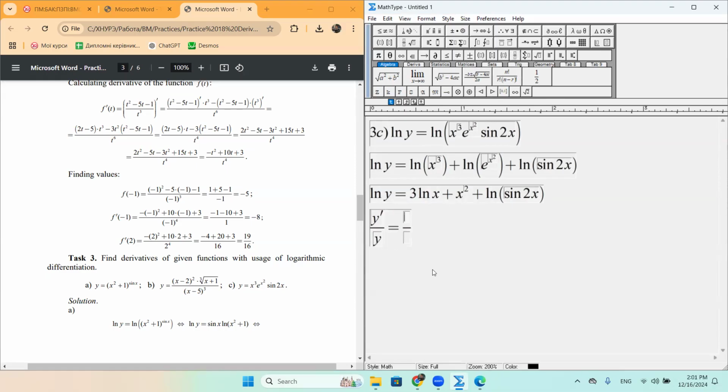The first addend: 3 divided by x, plus 2x, plus 2 times cosine of 2x by sine of 2x, and again we mustn't miss the 2. So this part. And now let's write the final answer.